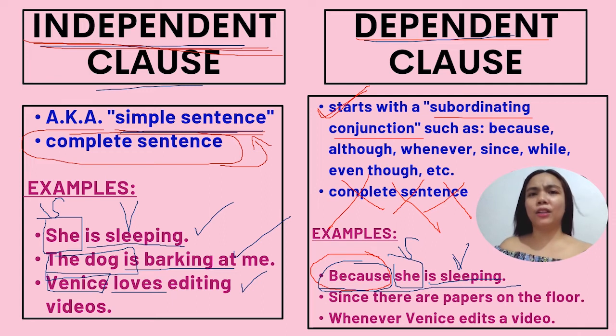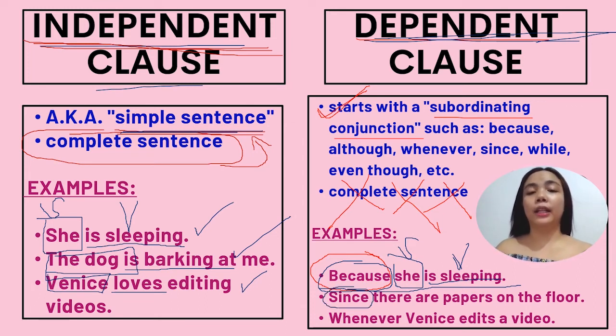Again, it's a dependent clause because since there are papers on the floor, what about those papers, right? But it is still a clause because it has a subject and a verb. Again, for it to be a dependent clause, it should start with a subordinating conjunction. If you look at the example, it starts with since.